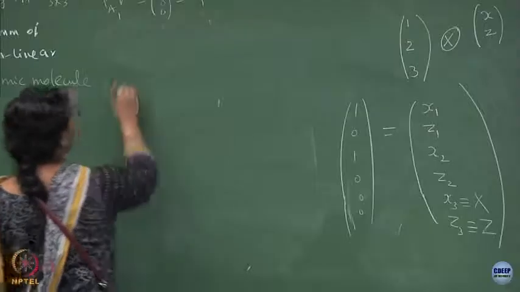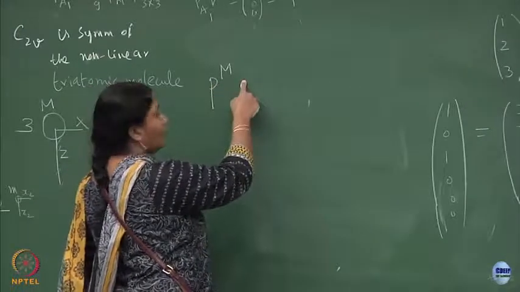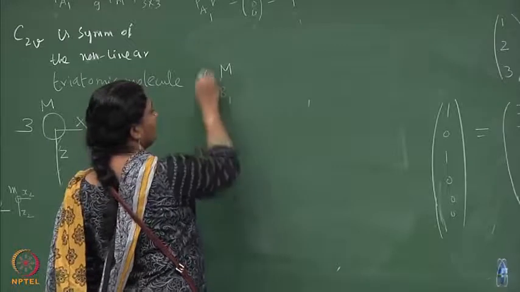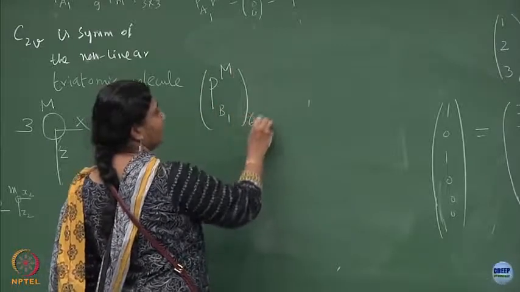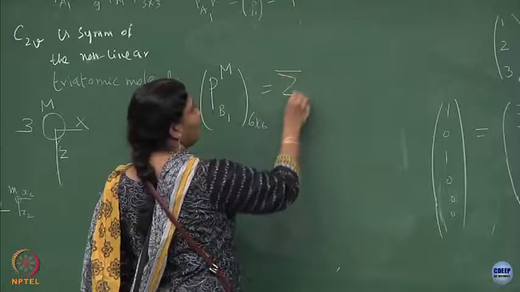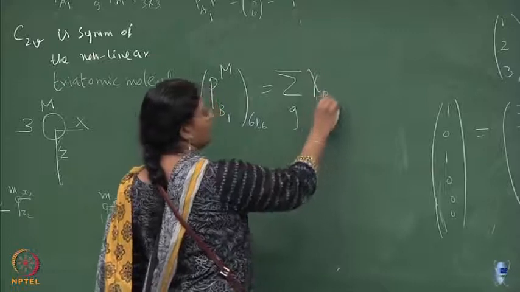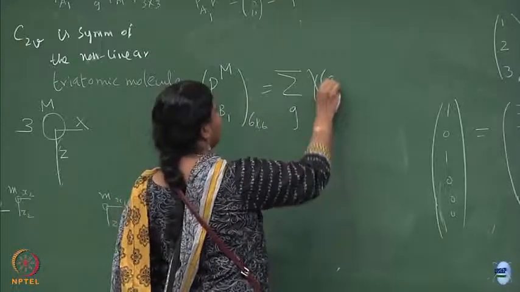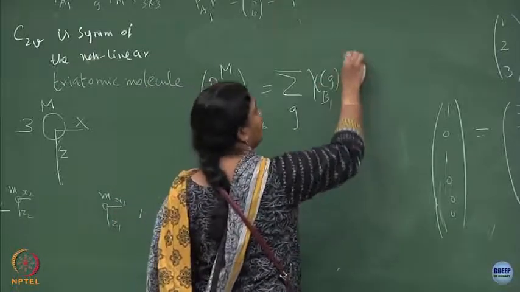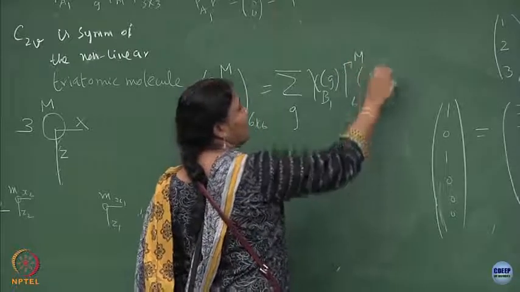So, first of all write for the reducible representation which I called for the B1, which will be a 6 cross 6 matrix, which will involve summation over all the elements, the character for B1 for every element and the 6 cross 6 matrix for every element.